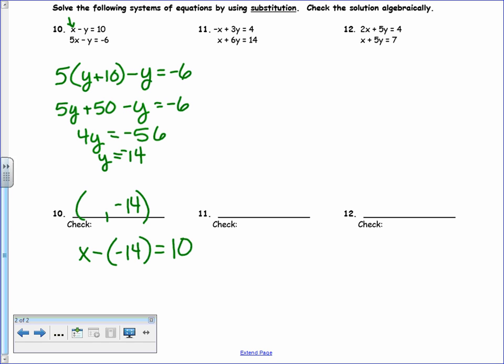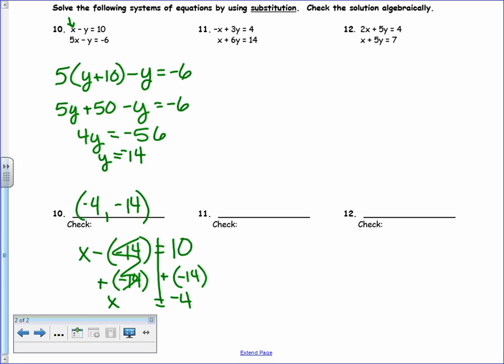I want to solve for minus -14. So that's going to be plus -14. Add -14. This cancels, and I'm left with x equaling -4. So I have -4, -14, solving for my x value.